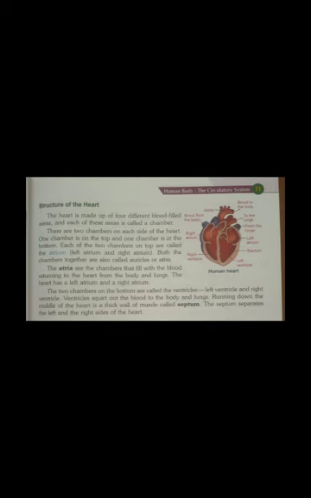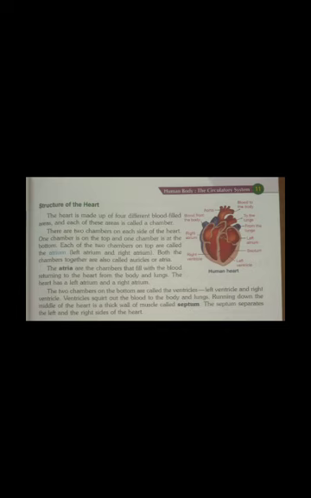On the left side we have 2 chambers, and on the right side also we have 2 chambers. So how many total chambers are there? Total 4 chambers are present in the heart, right? 2 chambers above, 2 chambers below, 2 chambers on each side of the heart.